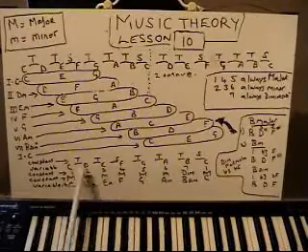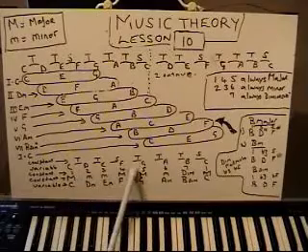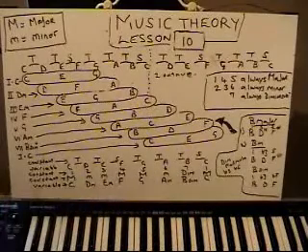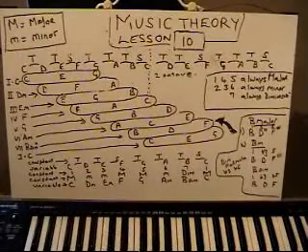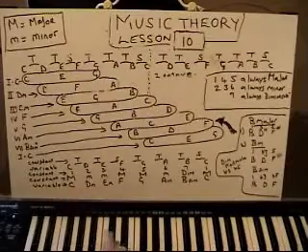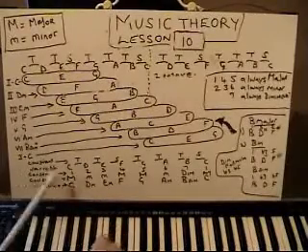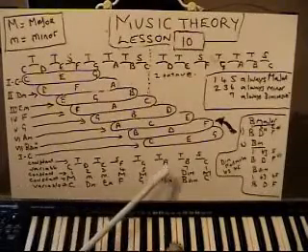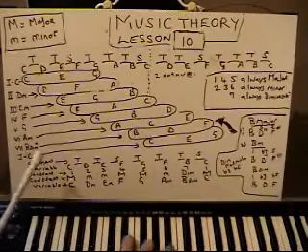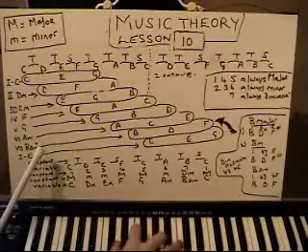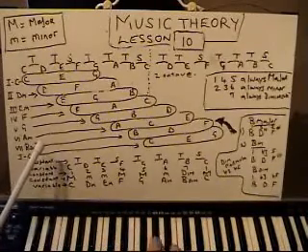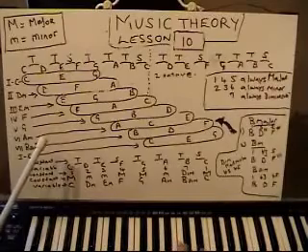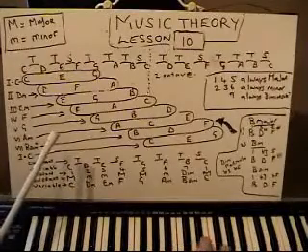So if it was in G, it would be G, A, B, C, D, but it would still have the same sounds. I mean, if you play the C major scale, do, re, which is up, C, D, E, F, G, A, B, C. And if I play them in chords now, C major, D minor, E minor, F major, G major, A minor, B diminished, C major.